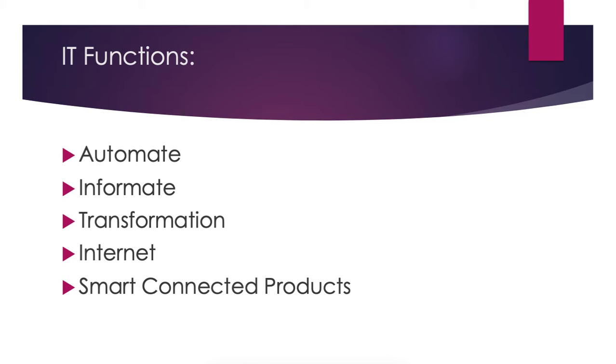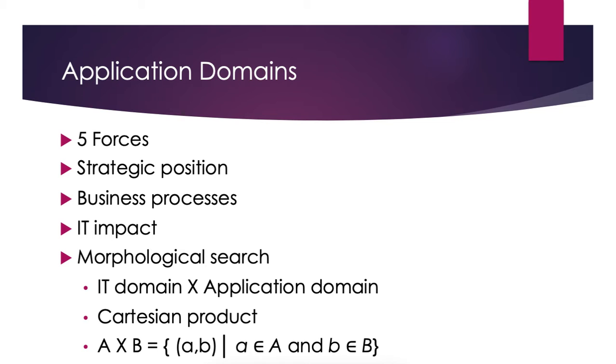Processes, trying to align themselves towards paperless technology. Okay? The internet, and also take note about smart connected products. Application and domains, we talk about the five forces, which are rival, new entry, suppliers, buyers, substitute.